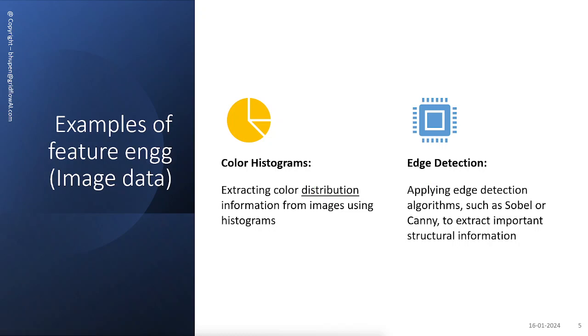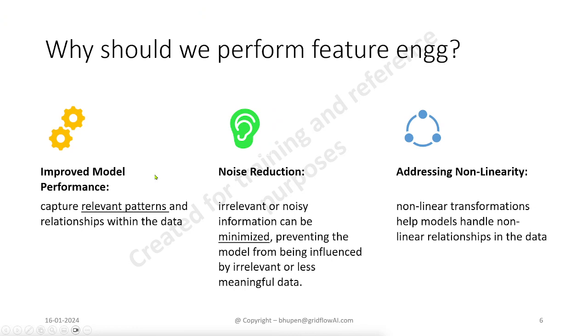Why should we actually perform feature engineering? Let's look at some of the examples here. The goal of feature engineering is to improve the model performance by focusing on really the relevant columns or relevant features by understanding the relationship within the features. That's the overall goal of feature engineering.